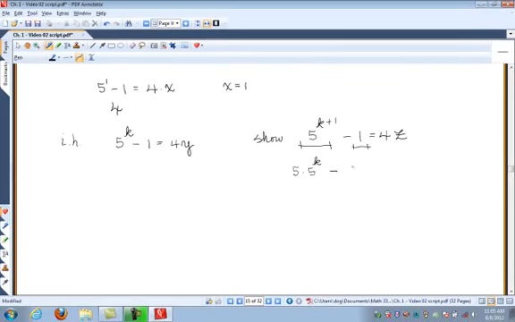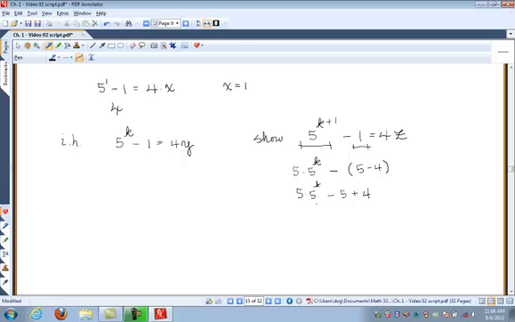Now, here's a clever thing I'm going to do with 1. 1 is 5 minus 4. So this is going to be 5 times 5 to the k minus 5 plus 4. Okay, because I distributed the minus sign.